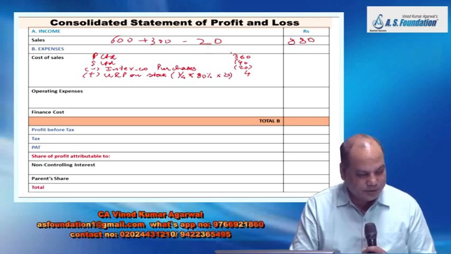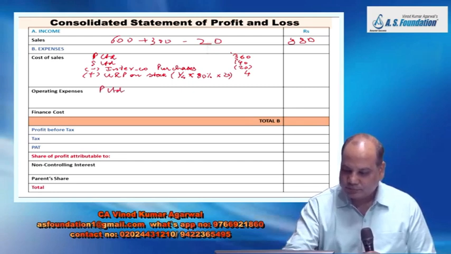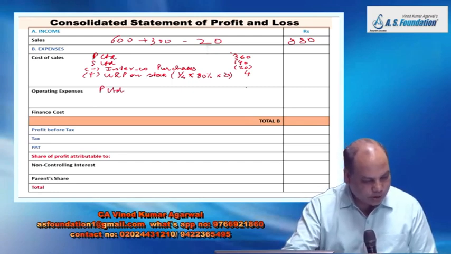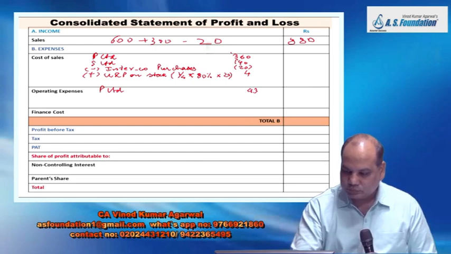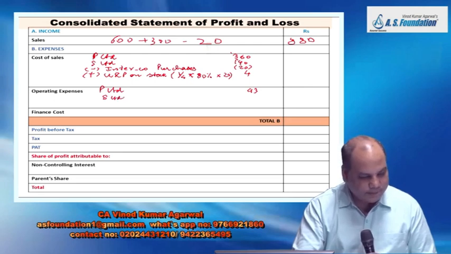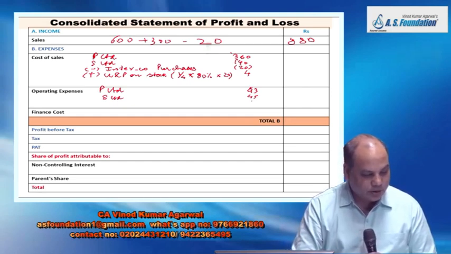Operating expenses. P Limited operating expense is how much? Is it 93? Then next one, S Limited is how much? 45. 93, 40. Keep it here only. There is some adjustment, will come to that.